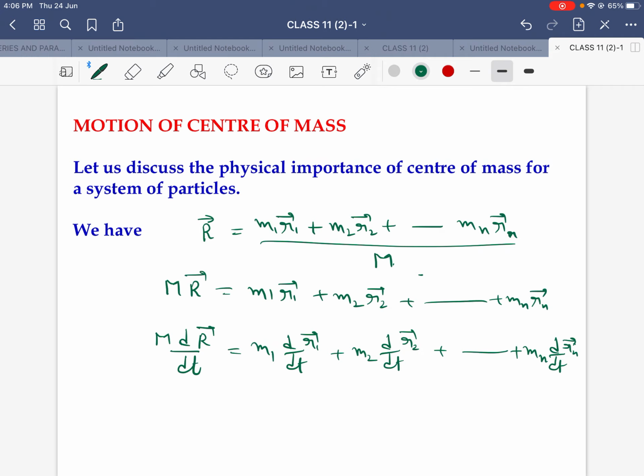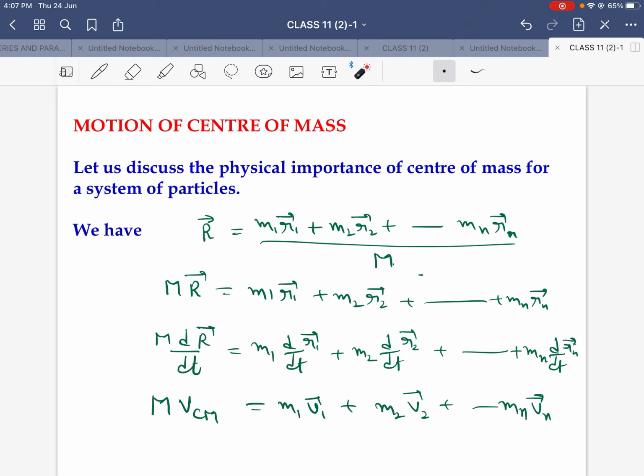Also we know that the rate of change of displacement, dr upon dt, gives the velocity. So these give the values of v1, v2 and so on, and this will be the velocity of center of mass. So this can be written as total mass times velocity of center of mass is equal to m1 velocity of first particle plus m2 velocity of second particle plus so on mn velocity of nth particle.